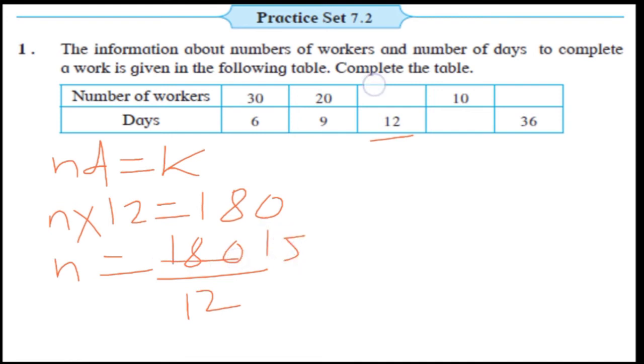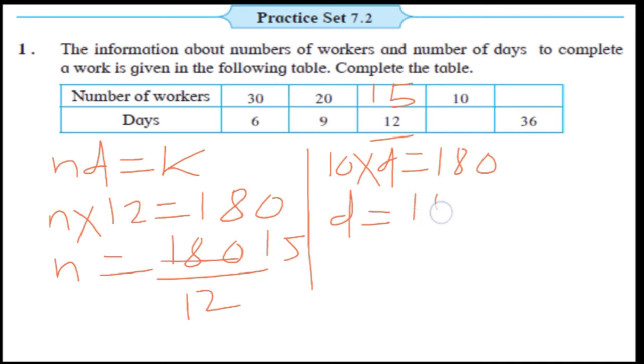Means here value is 15. N is 15 and D is 12. Next, N is 10. Then we have to calculate D. Means 10 multiplied by D is equal to value of K is 180. Therefore, D is equal to 180 upon 10. 0 0 cancel, means value of D is 18.